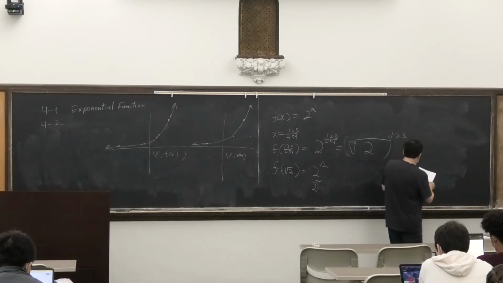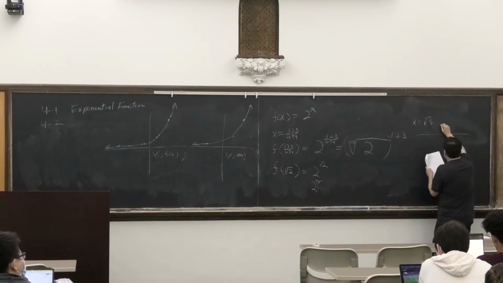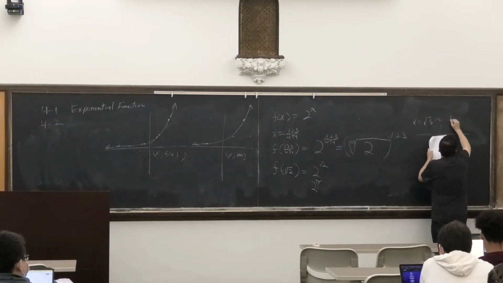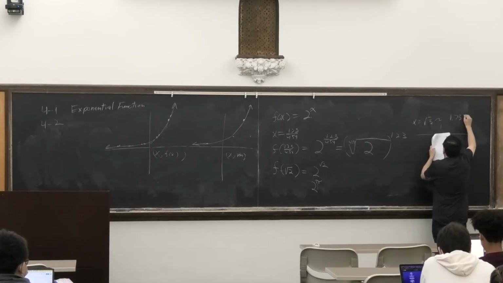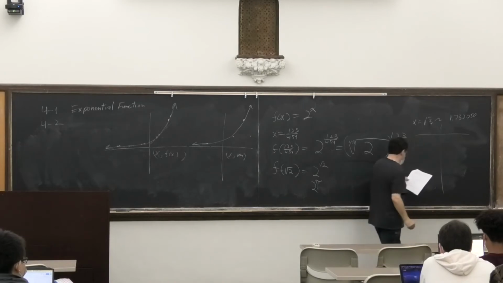Well, let's take an example. Say we're going to take x equals square root of 3. So the square root of 3 is approximately 1.7325, but of course it goes on.